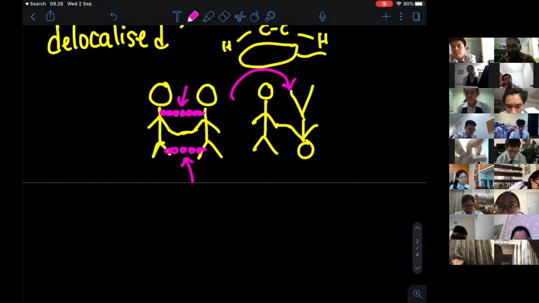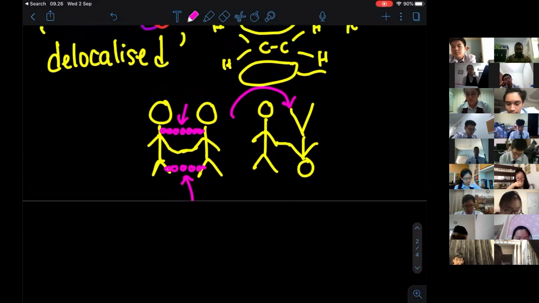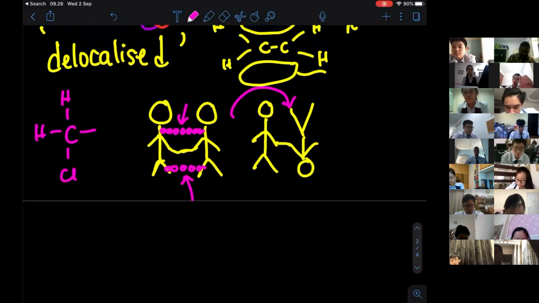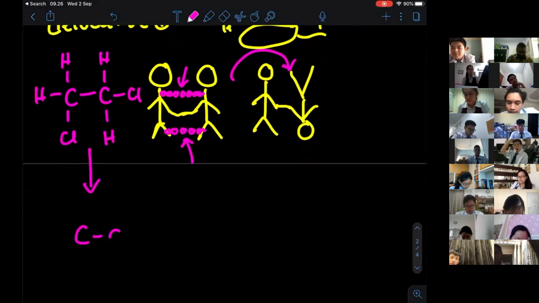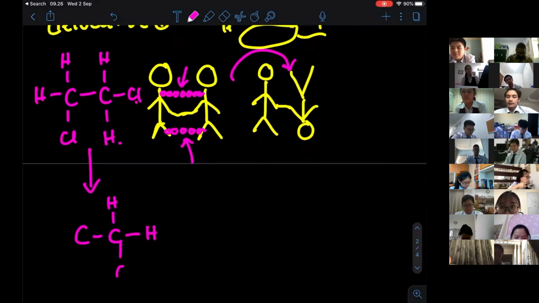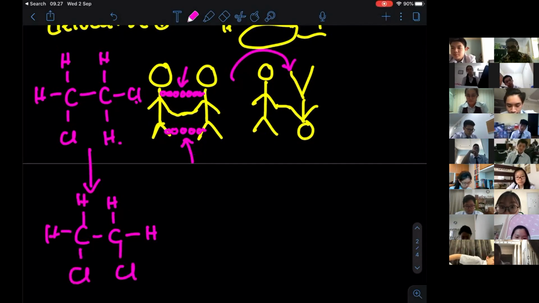Pi bond restricts rotation. It means that if I have CH, Cl, and then I have another H, Cl, and I put H over here, and if I have another situation and I put CC, H, and I put the Cl to here, and then I have H, Cl, this and this are the same.